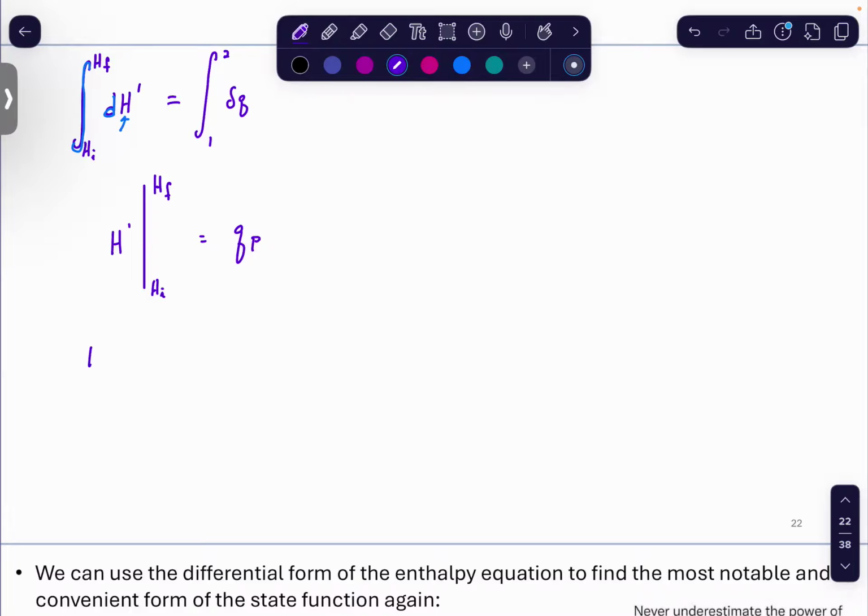So you put your limits into your equation: final enthalpy minus initial enthalpy equals QP. So once again, we're getting delta H does equal the heat for a constant pressure system.